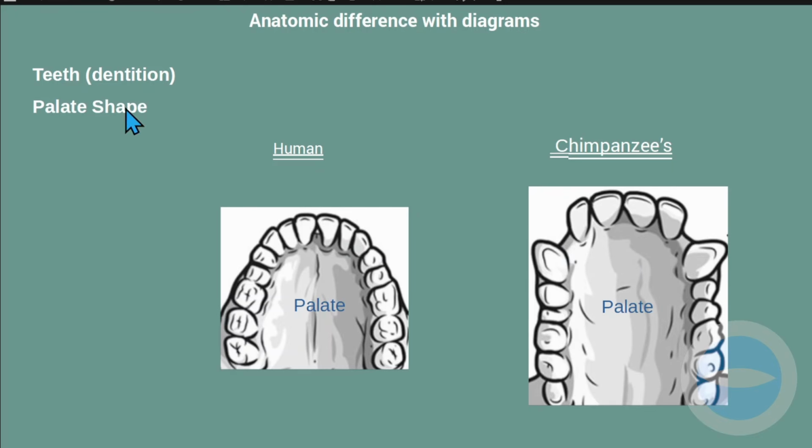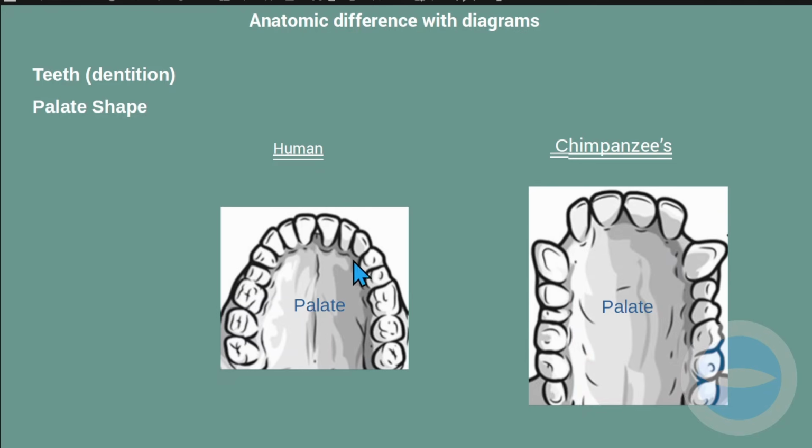And then palate shape. When I talk about palate shape, this is the upper part of the mouth. So in humans, the shape is more circular, or semicircular, and the palate is very small. But with the chimpanzees, as you can see, it has a very big palate, and it's more like rectangular, it's not circular.